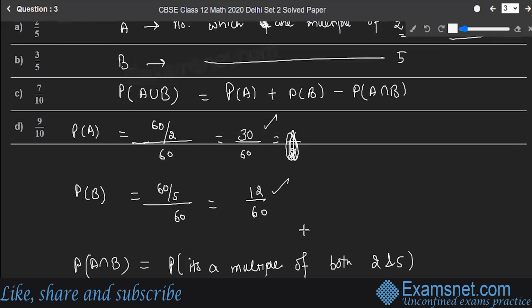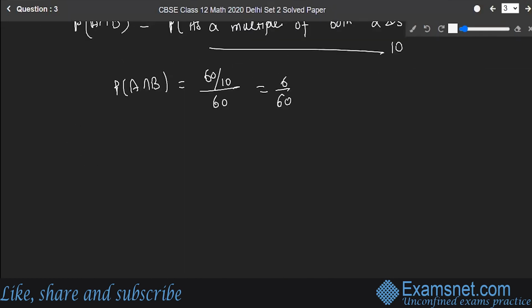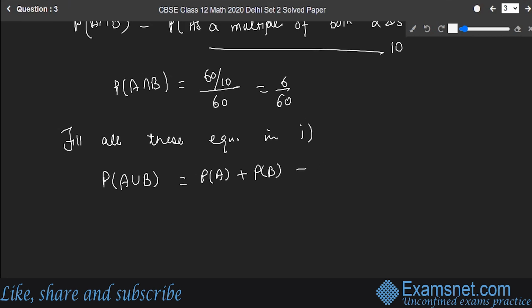Now let's fill everything in equation 1. You have P(A union B) is equal to P(A) plus P(B) minus P(A intersection B).